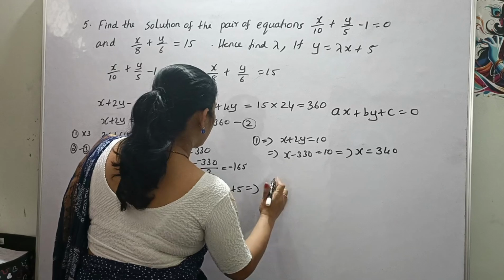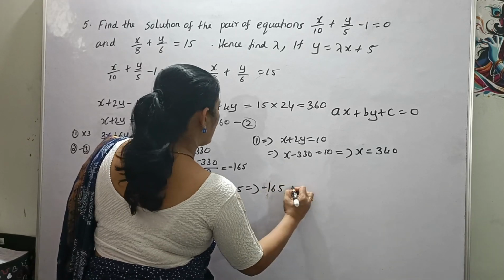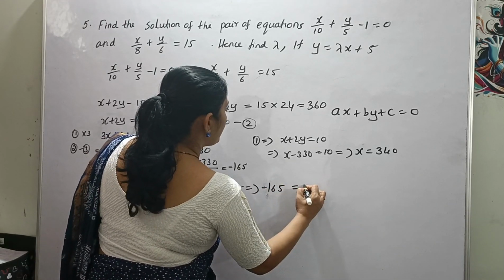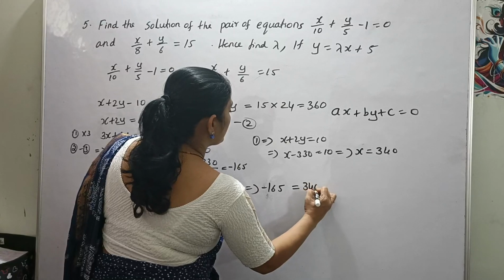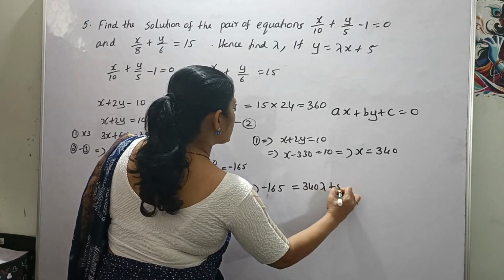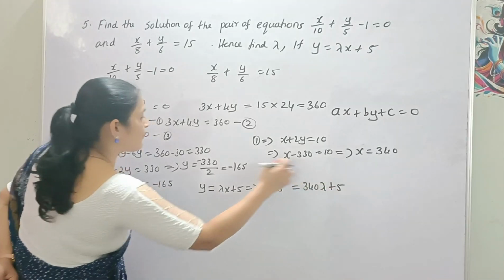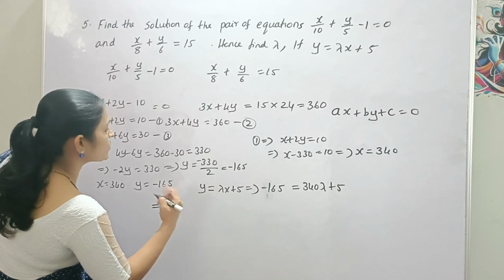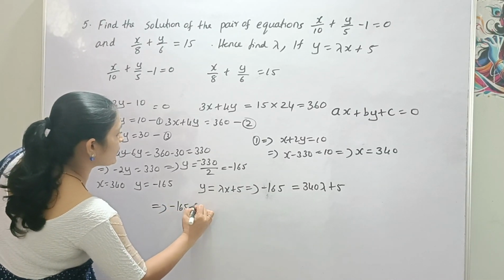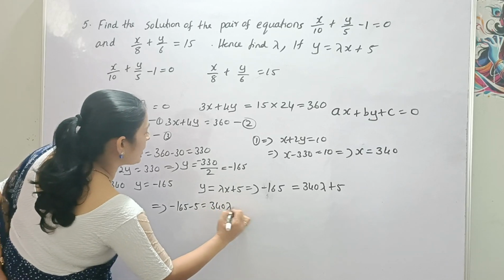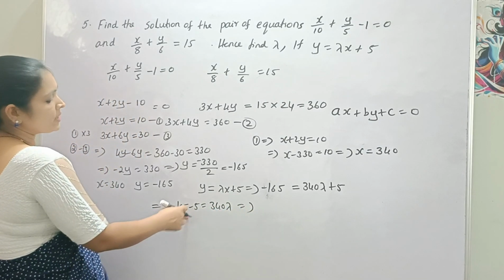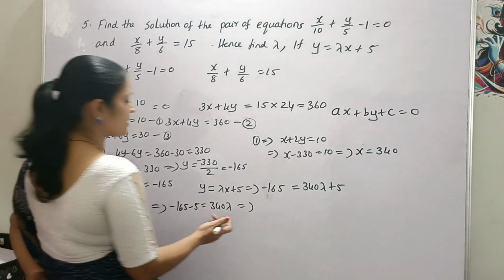Minus 165. Minus 165 is equal to lambda into x, that is 340 into lambda plus 5. That implies, taking this 5 to the left, minus 165 minus 5 is equal to 340 lambda. Minus 165 minus 5 is minus 170.